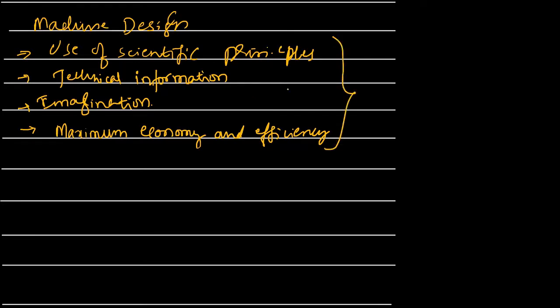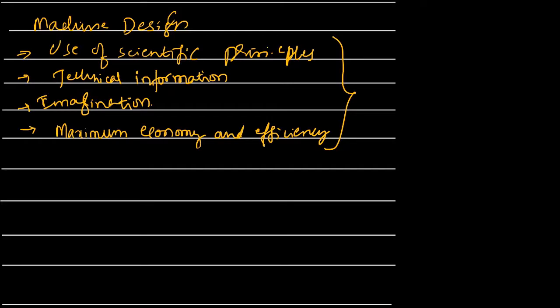That means it should include the scientific principles, for example Newton's laws, Bernoulli's equations, Pascal's laws. You need to use all those scientific principles along with technical information. Technical information includes what type of mechanisms you are going to use, or what type of drivers you are going to use to perform its functions.